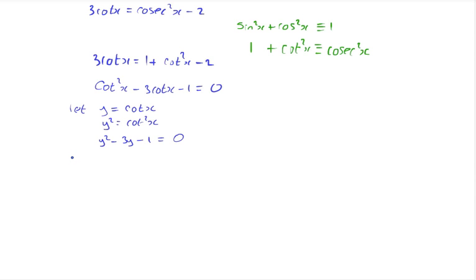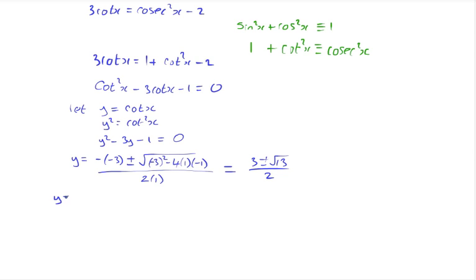The quadratic formula gives, and we can simplify this to get 3 plus or minus root 13 all over 2. So either y equals 3 plus root 13 over 2 or y equals 3 minus root 13 over 2. But remember, we let y equal cot x.